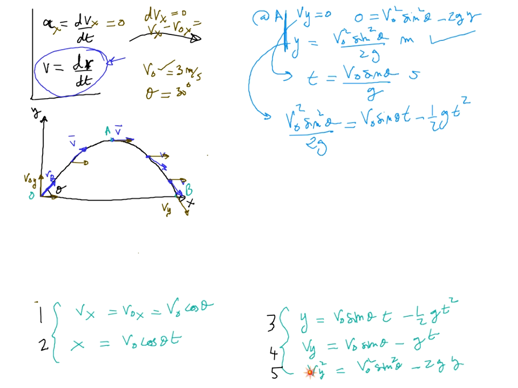We know, same as in 1D, it takes a similar time to go up as it takes to go down, as long as the ground is level. Symmetry is there. Therefore, you can just take this value and multiply by 2. Done. Exactly. So t to get to B is twice t to get to A. Hence, twice V naught sine theta over g.